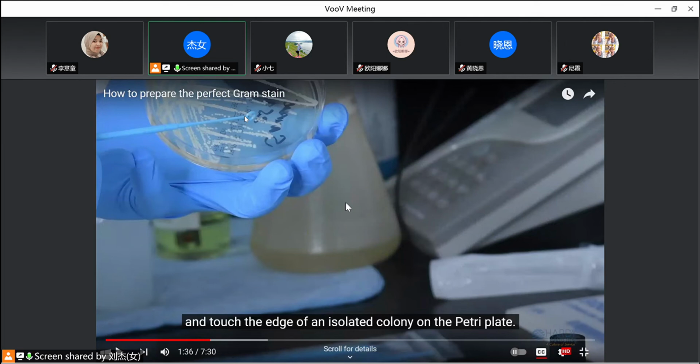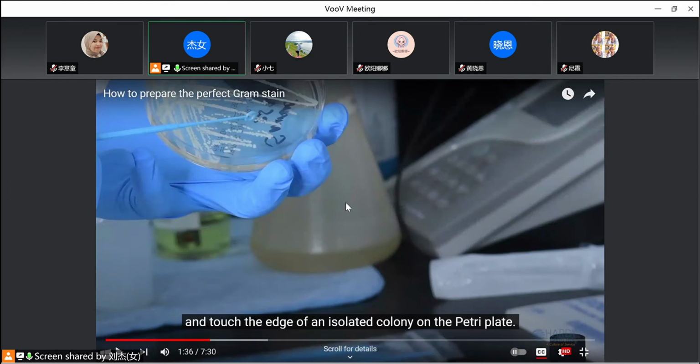Then it will make it a little difficult to observe the bacteria. So please remember, do not use the cotton stick. Actually, in the laboratory or in the hospital, they will provide you some tool like this.